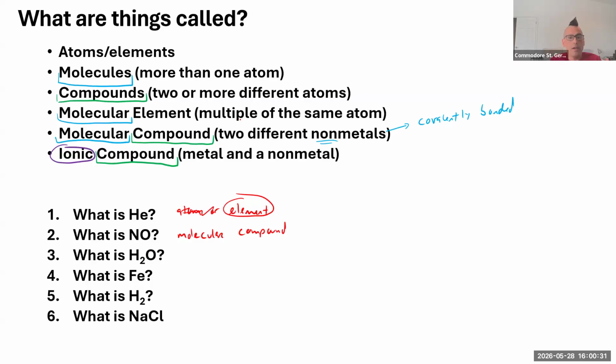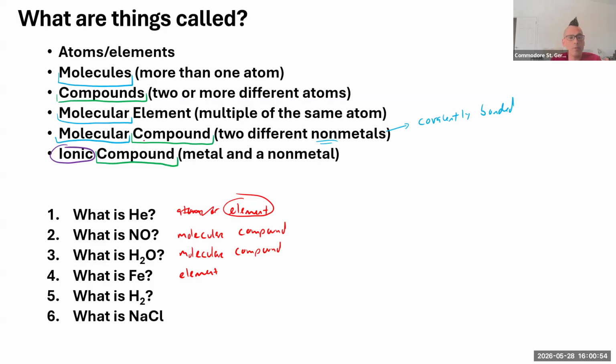H2O, right? It's a molecule because it's more than one atom, but it's two different, and those are both non-metals. So that's going to also be a molecular compound. Fe, that's just a straight up element. H2, right?